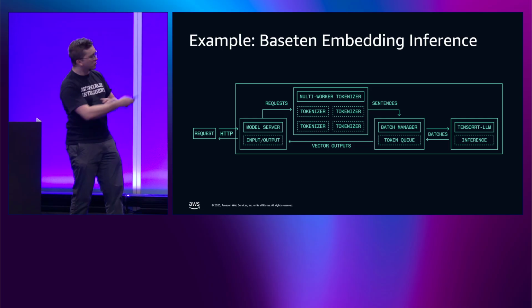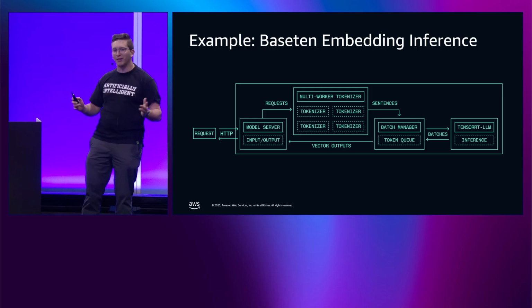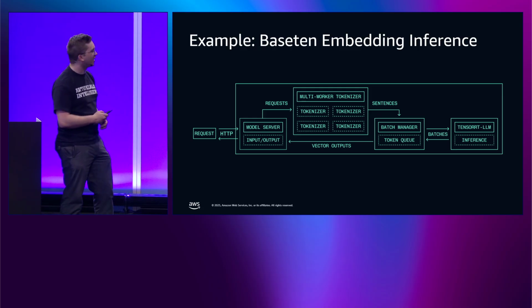As such, you can use the same runtime at the end here if you're able to build the rest of the system around it. Sort of a common theme in what I've been talking about with inference today.